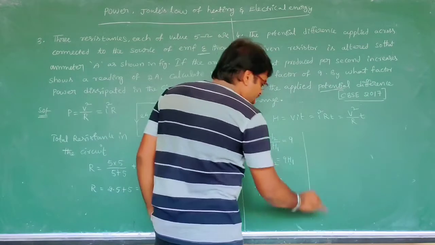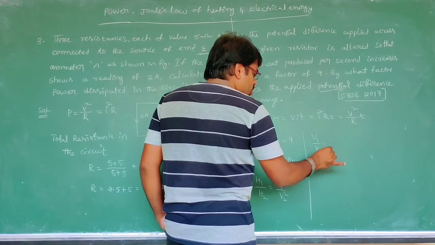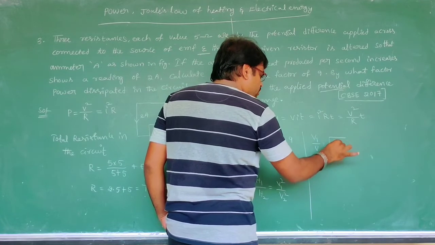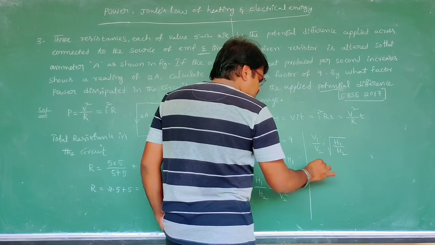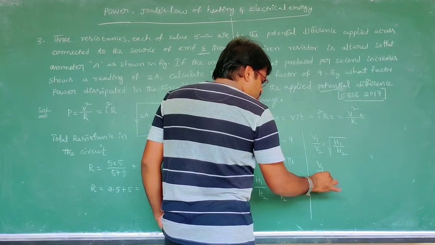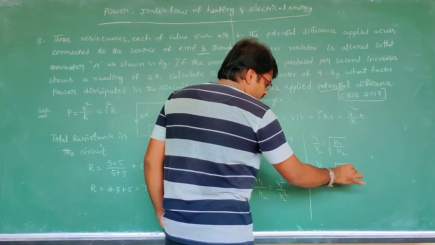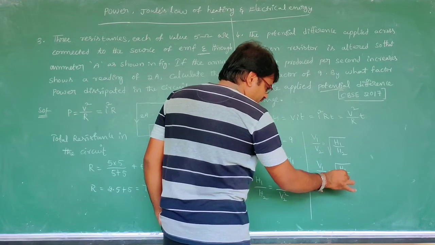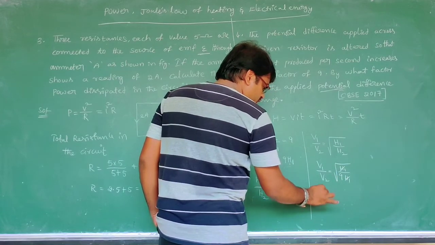Now V1 by V2 is the square root of H1 by H2. That is V1 by V2 is equal to root of H1 by 9H1.